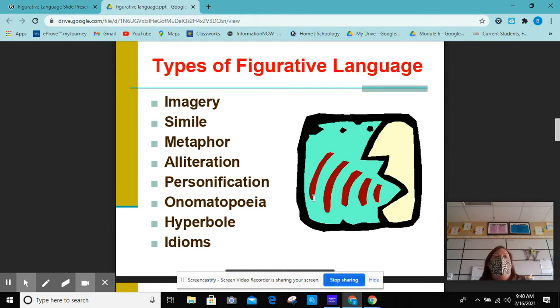All right, simile. Yeah, just write the word. Does anyone in here know what a simile is? Can anybody tell me what the function of a simile is? It makes a comparison of two things using two specific words.